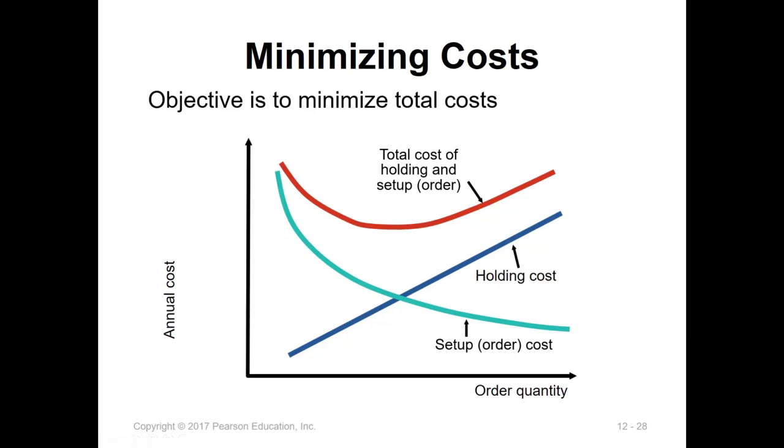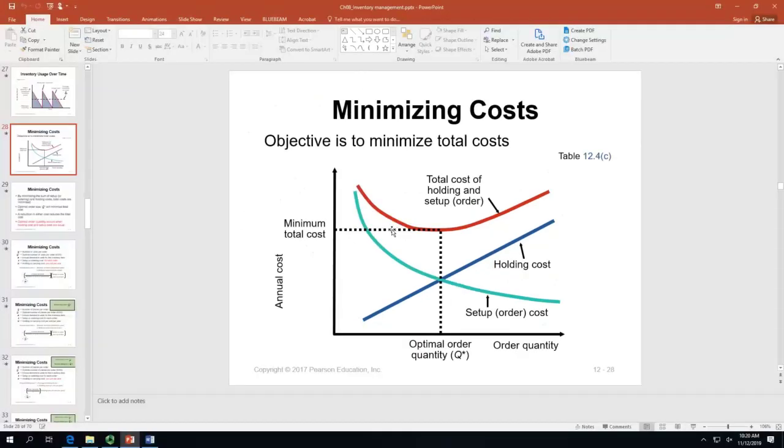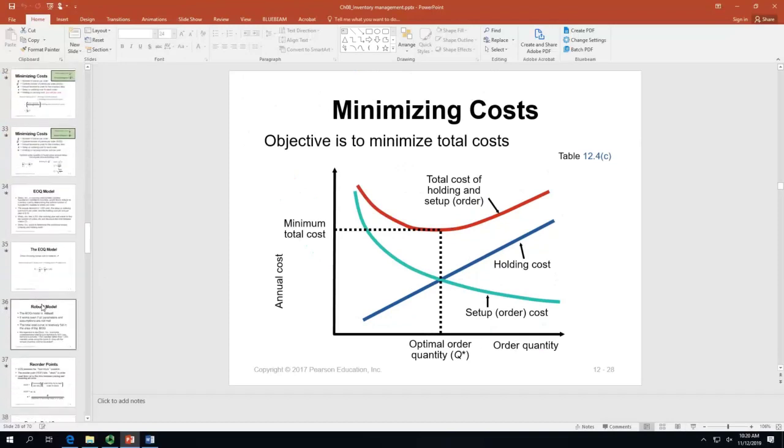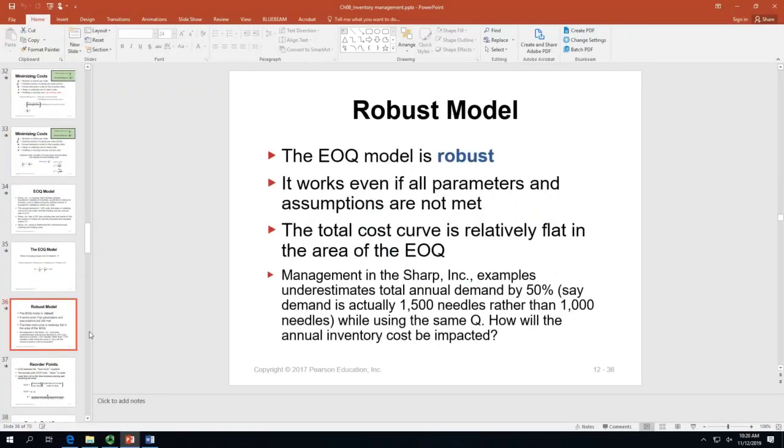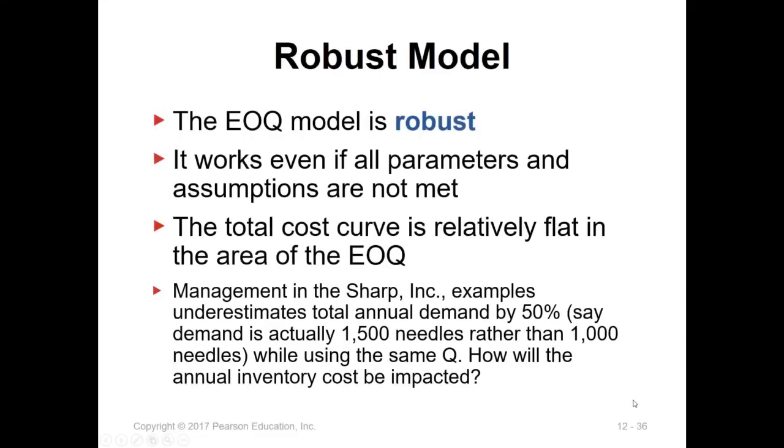So this is what we mean by a robust model. The total cost curve is relatively flat in the area of EOQ. If you change to the left a little bit or to the right a little bit, it won't really impact the total cost of the inventory much.